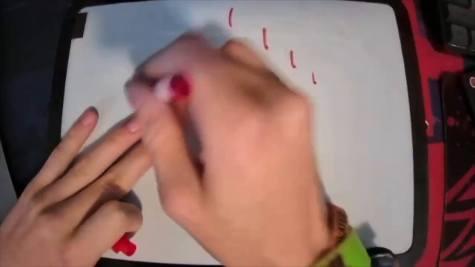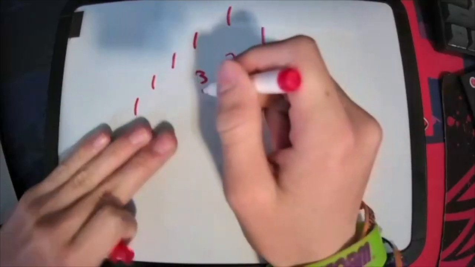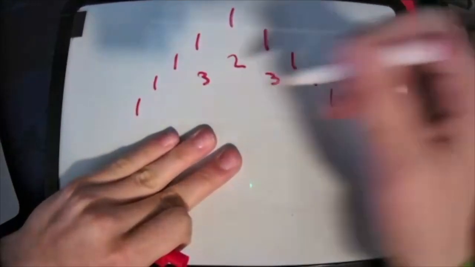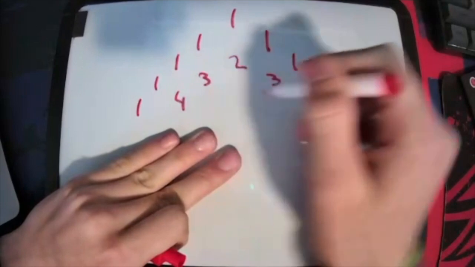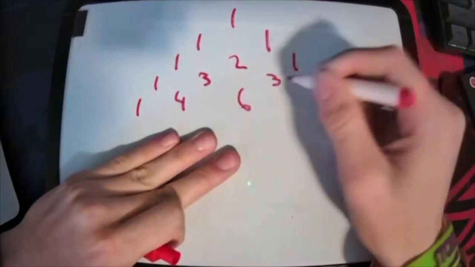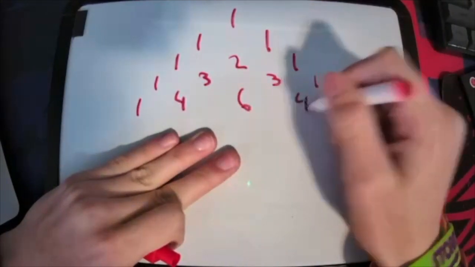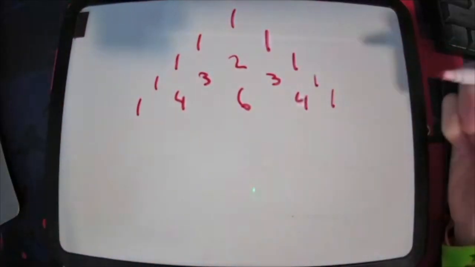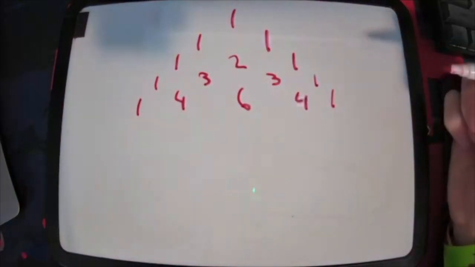So now we have the fourth row, which is 1's on the outside, 1 plus 3, which is 4, 3 plus 3, which is 6, 3 plus 1, which is 4, and so on for how much you want to do.